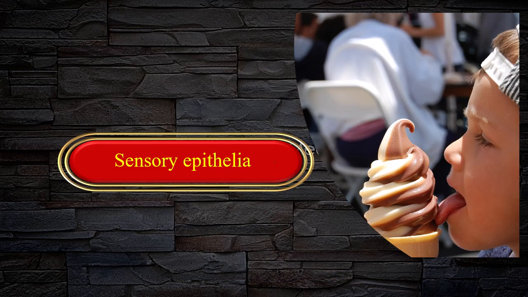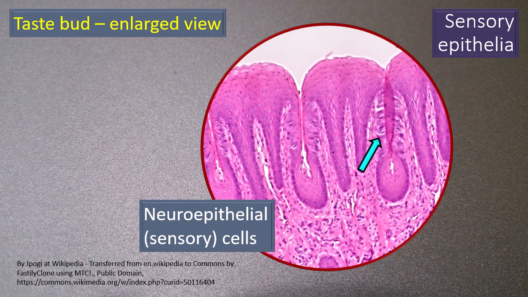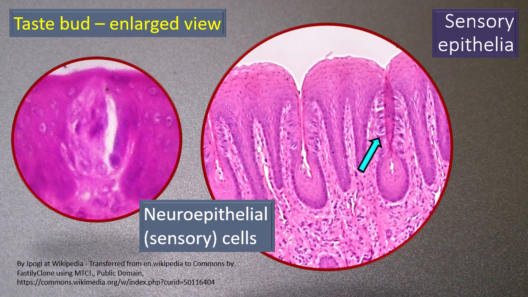Next, we have another type of epithelia when you look at them in terms of functionalities. We have sensory epithelia. Example, taste buds. This is the surface of the tongue. You can see the epithelium, typical stratified squamous epithelium. But in some places you can see an appearance as if it's a sectioned onion. Those are the taste buds, and now you will see an enlarged version of the taste bud. You see, they are tall, fusiform cells.